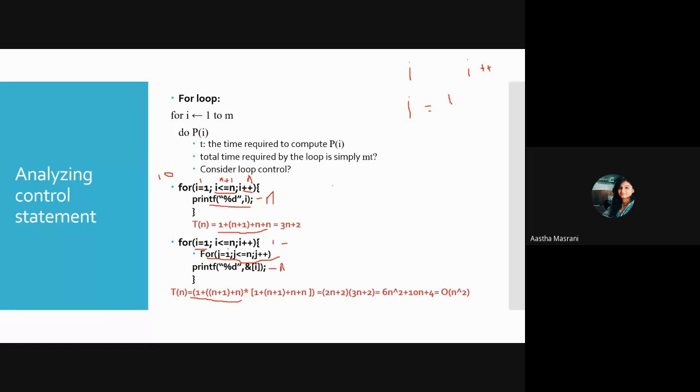So with this equation, that is 1 plus n plus 1 plus n, into n, I will be doing, because this is the inner for loop which will be executing as many times as the first loop executes. So it would be 1 plus n plus 1 plus n plus 1. I'm writing that equation in the chat box.